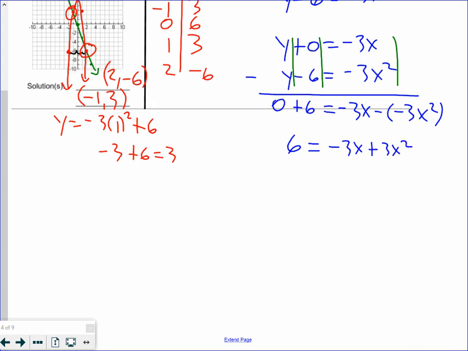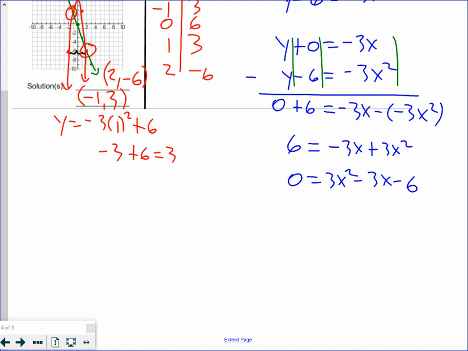I'm going to move the 6 over because I want this in standard form. So I want it in ax squared plus bx plus c. And I want 0 being on one side, so I can actually solve it. So when I move that 6 over, I get 0 equals 3x squared minus 3x minus 6. I move the 6 over, and I rearrange that right side to have an x squared be first.